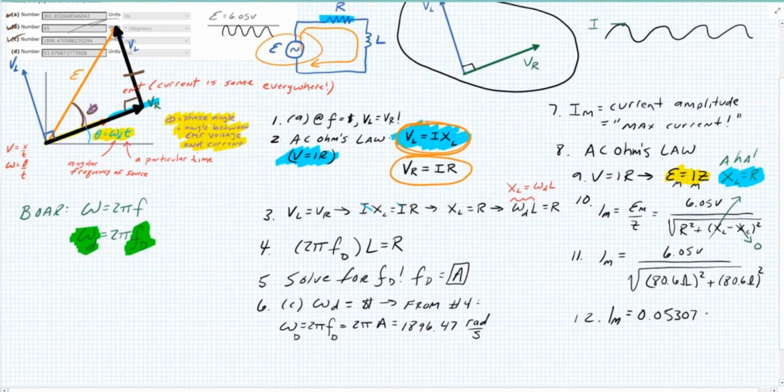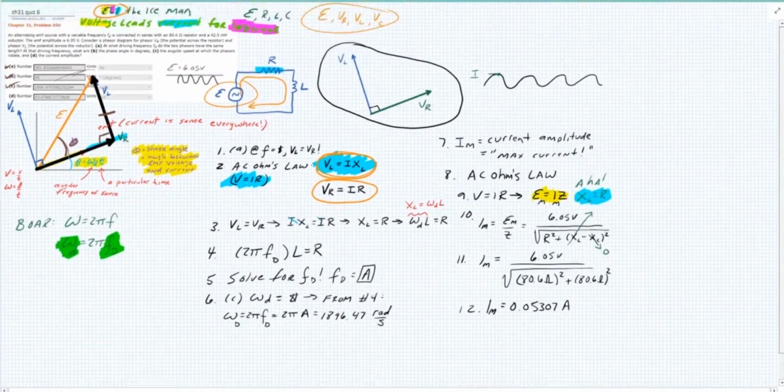So I know my current hits a momentary max value periodically of that, 53.07 milliamps. So that's the answer to part D.